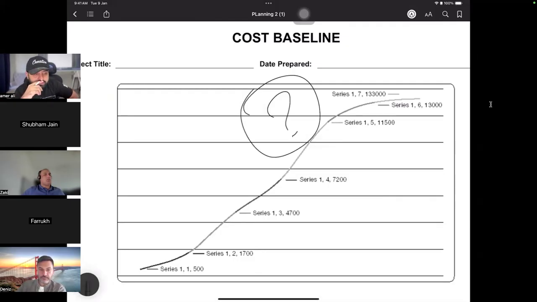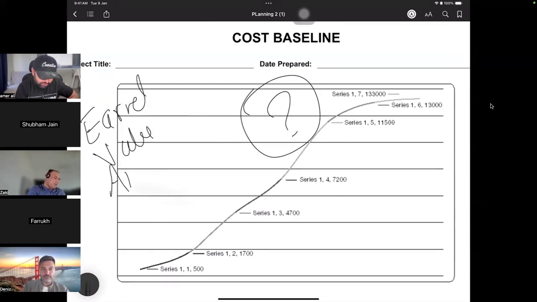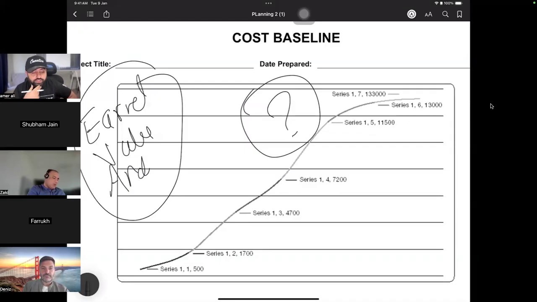What do we call this analysis? S curve. Okay, that is a curve. Earned value analysis. Earned value analysis, SPI, CPI. Okay, so let's discuss this a little bit. Tell me what is SPI, what is CPI, and what it shows.